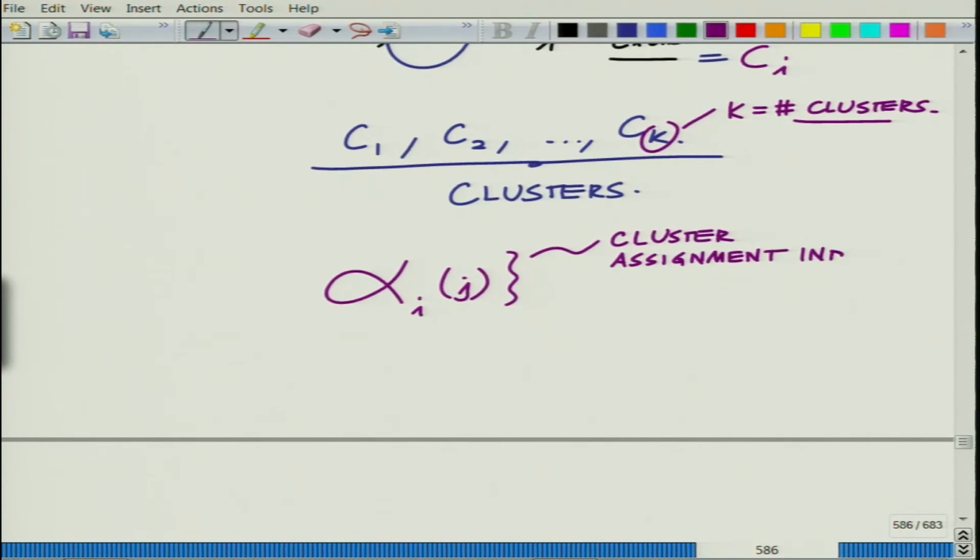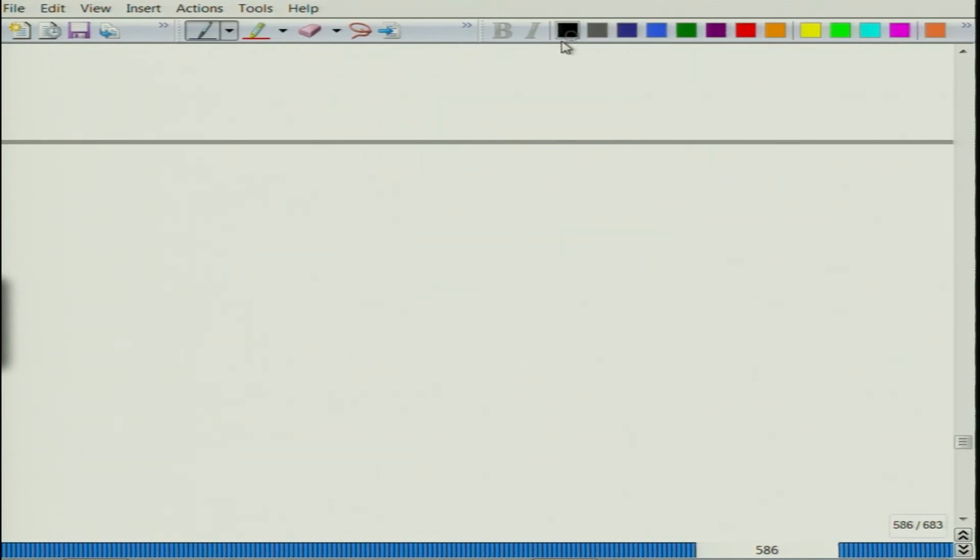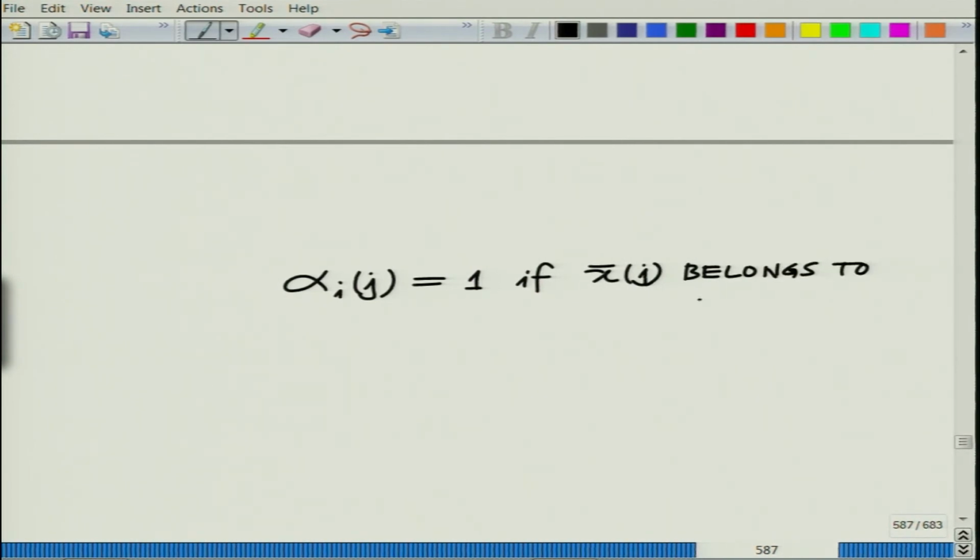It is defined as follows: alpha i j equals 1 if x bar j belongs to cluster i, and 0 otherwise.